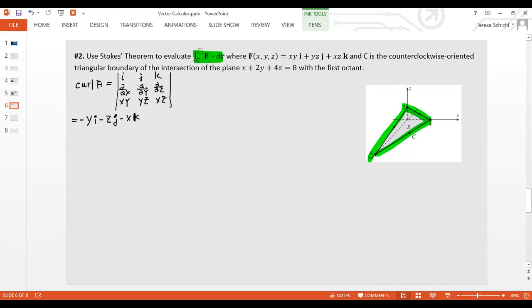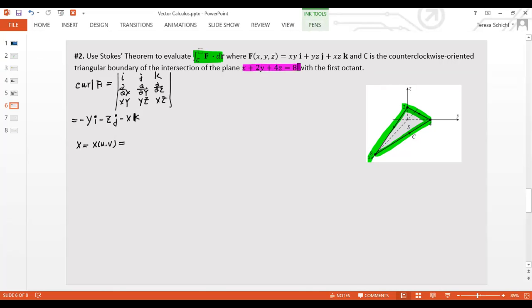Now we need to do the surface integral. For the surface, x equals x(u,v).